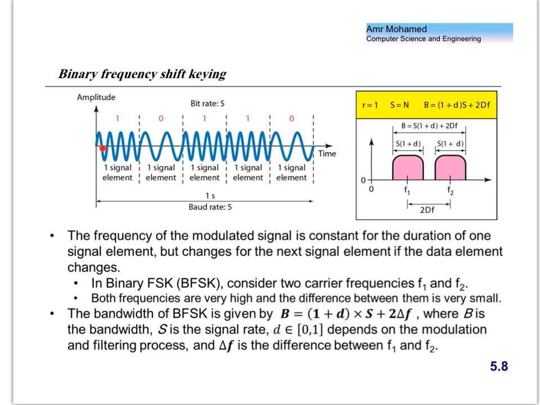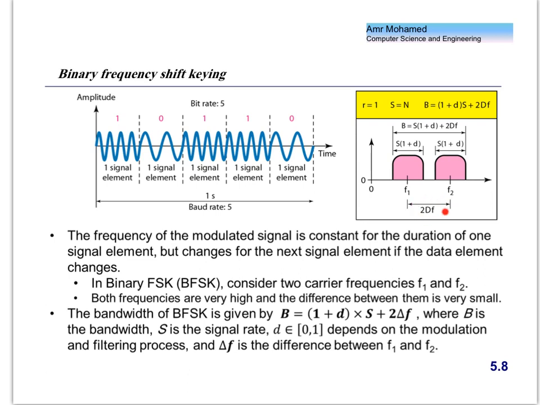So FSK represents the 1 as high frequency sine wave and the 0 as low frequency sine wave. Okay? So we know if we have a sine wave signal like this, the composite signal will have a bandwidth of S times 1 plus D. However, because here we have two composite sine waves, one for 0 and one for 1, we need to separate the two from each other.